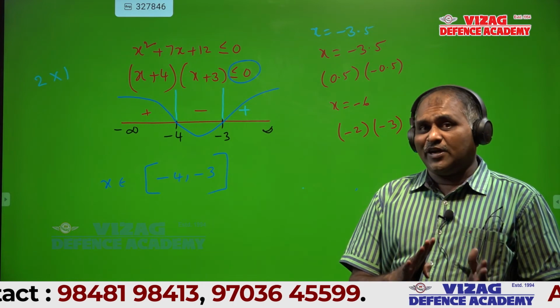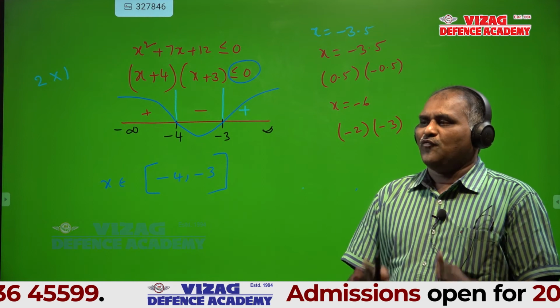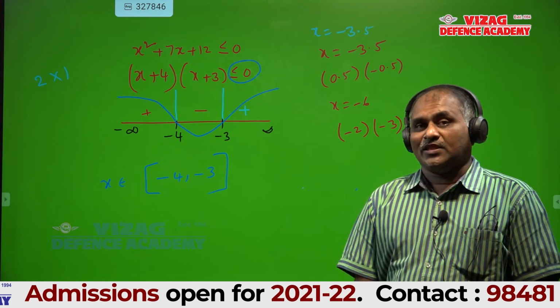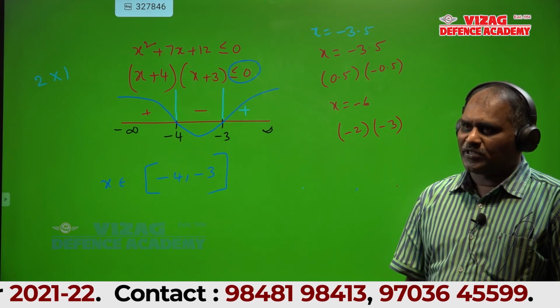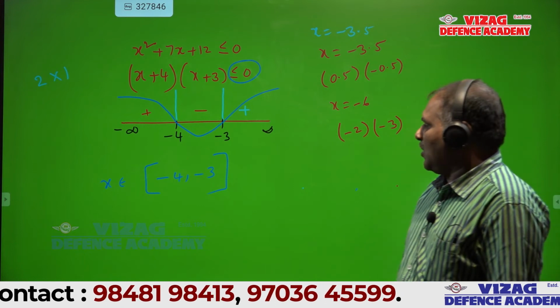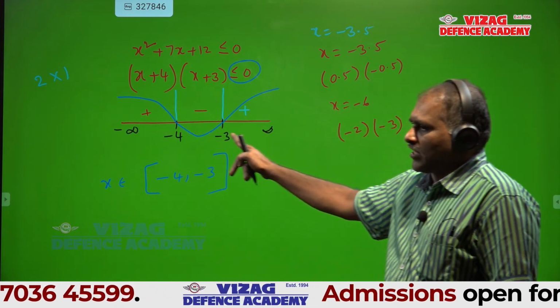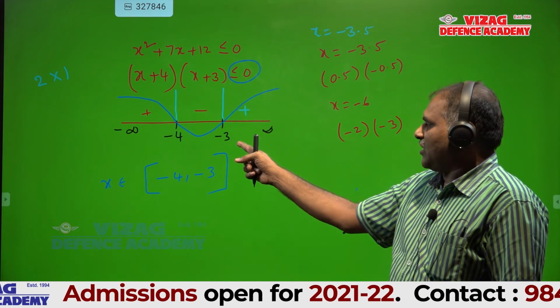Every time substituting values and finding the sign is a long process. Here, listen. In the total graph, what is the right-hand side interval? Minus 3 to infinity.